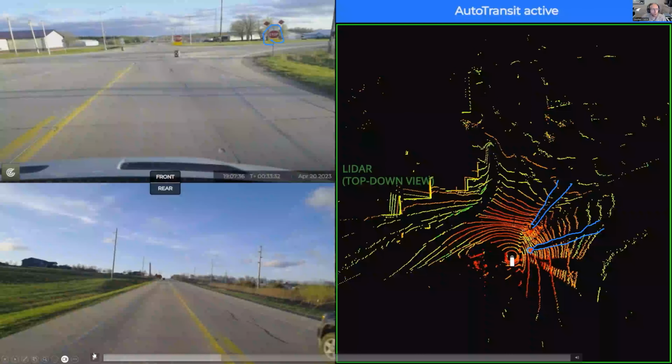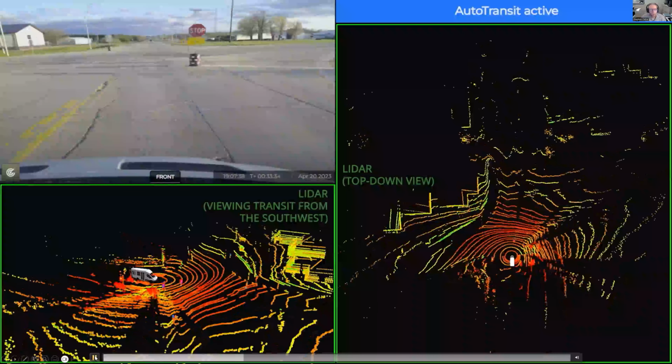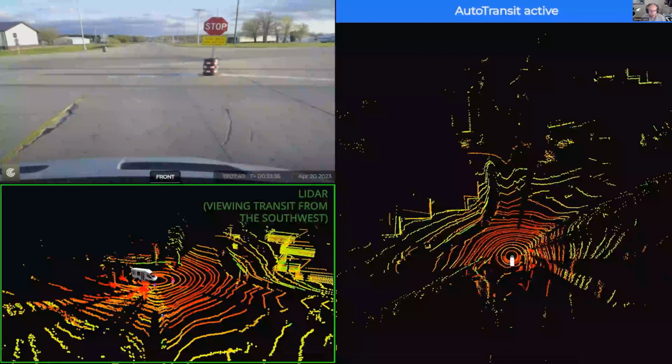So Omar, if you could go ahead and continue playing again. Pause one more time here. Now here I've put in another view of that same LiDAR point cloud, but now we're looking towards the vehicle, off from the side, looking from the southwest at the transit as it's coming to a stop.